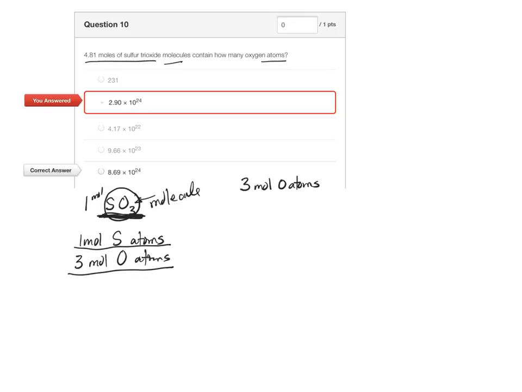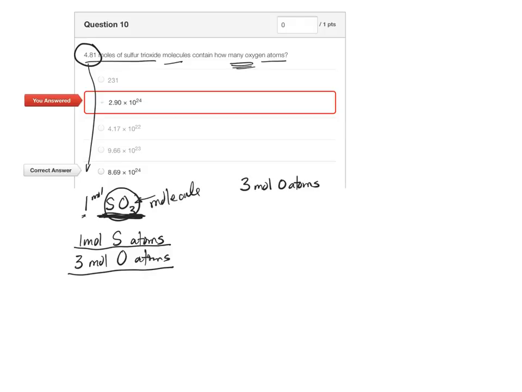And now what I need to do is to convert that to how many oxygen atoms. Well, I guess I could say I have 3. I start with 4.81. Maybe I should have put the 4.81 there.